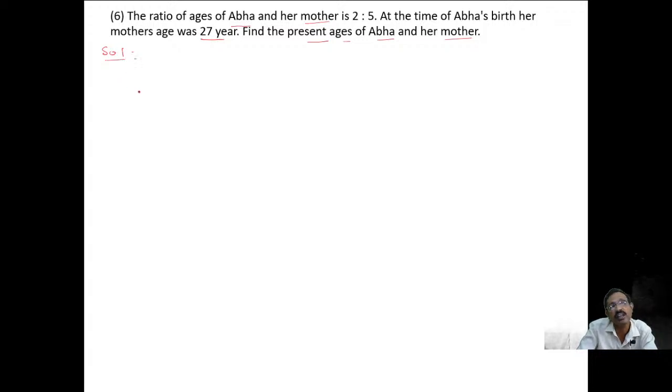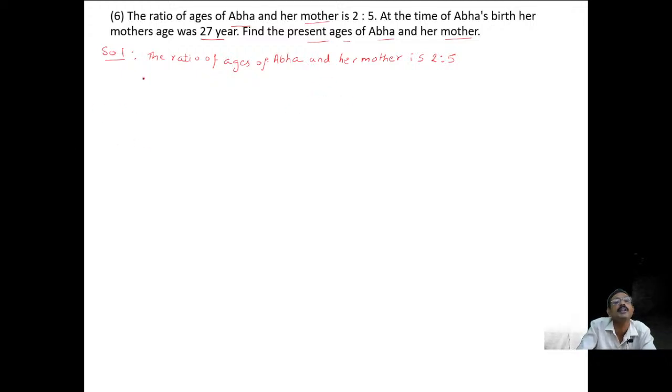To find the present ages of Abba and mother, first let us take the ratio of their ages. The ratio of ages of Abba and her mother is 2:5. Let us have a common multiple among them.